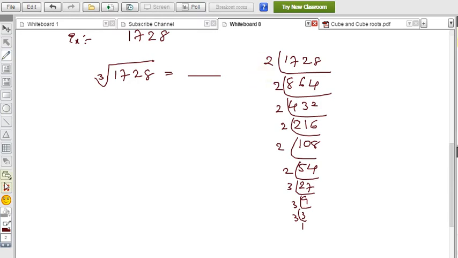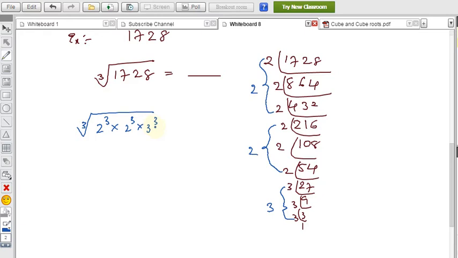Now for every 3 equal numbers we take one number, because it's a cube root. For these three 2s take one 2, for these three 2s take one 2, for these three 3s take one 3. Therefore we can write 2 to the power 3 into 2 to the power 3 into 3 to the power 3, because everything is 3 times.